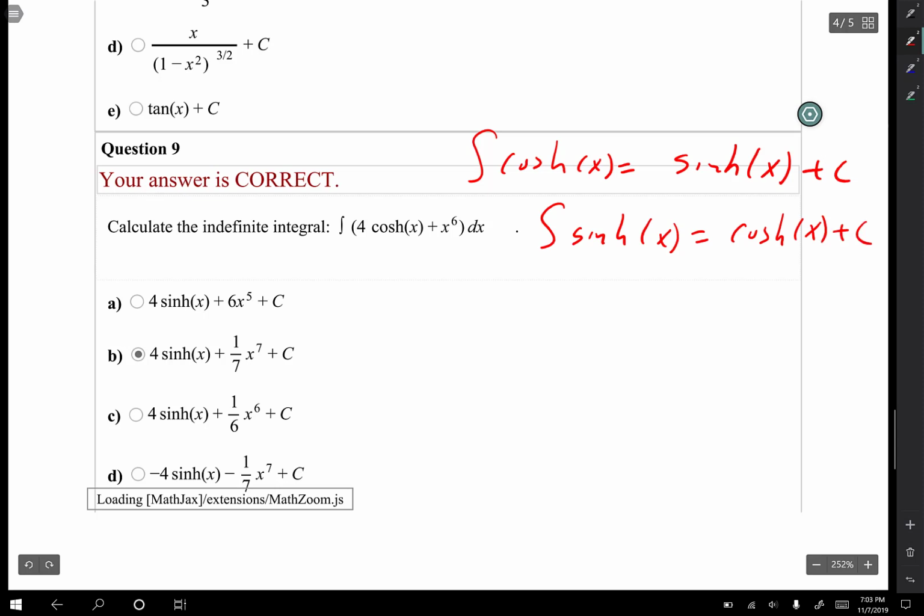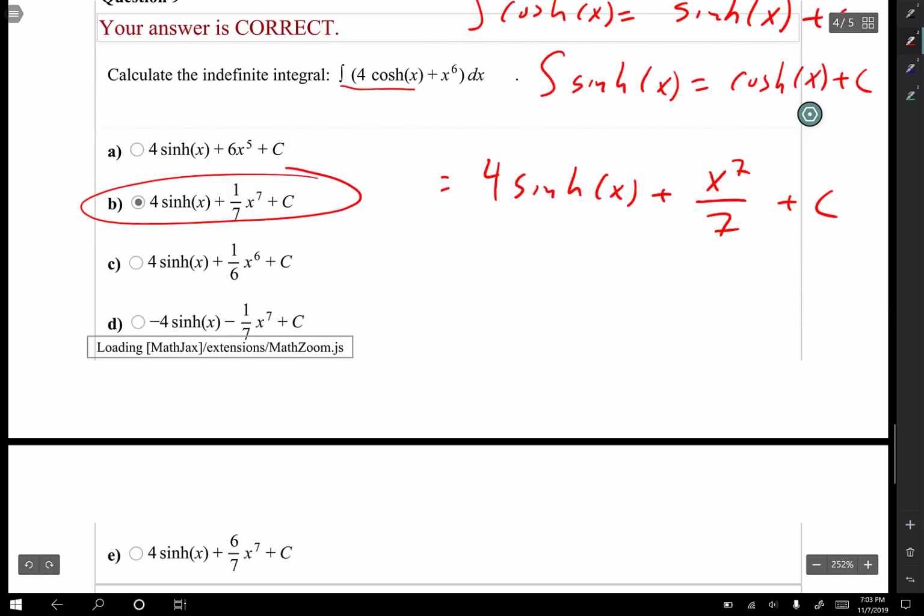So sorry about that. So the antiderivative of 4 cosine hyperbolic of x is just going to be 4 sine hyperbolic of x, plus the antiderivative of x to the 6, which is x to the 7th over 7. And then I put plus c. All right, let's continue.